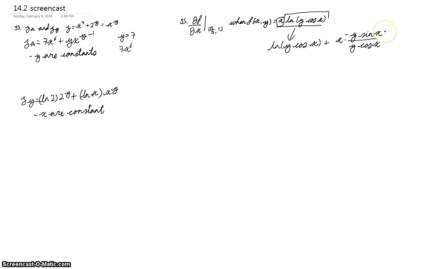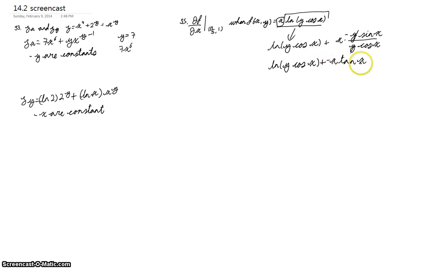True? Okay, so we do know at this stage that we have to cancel the y's, and it's going to be ln of y cosine of x plus x negative x tangent x.